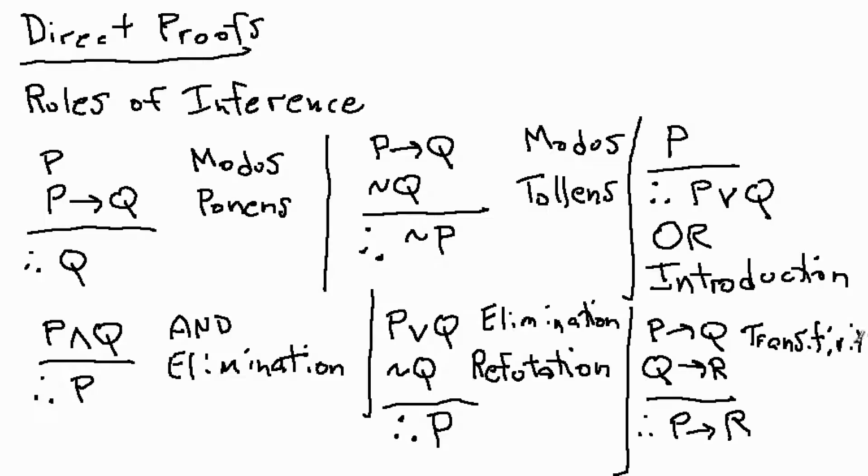Okay, so we have 1, 2, 3, 4, 5, 6 rules of inference here, and in a moment we'll use them to solve a problem.